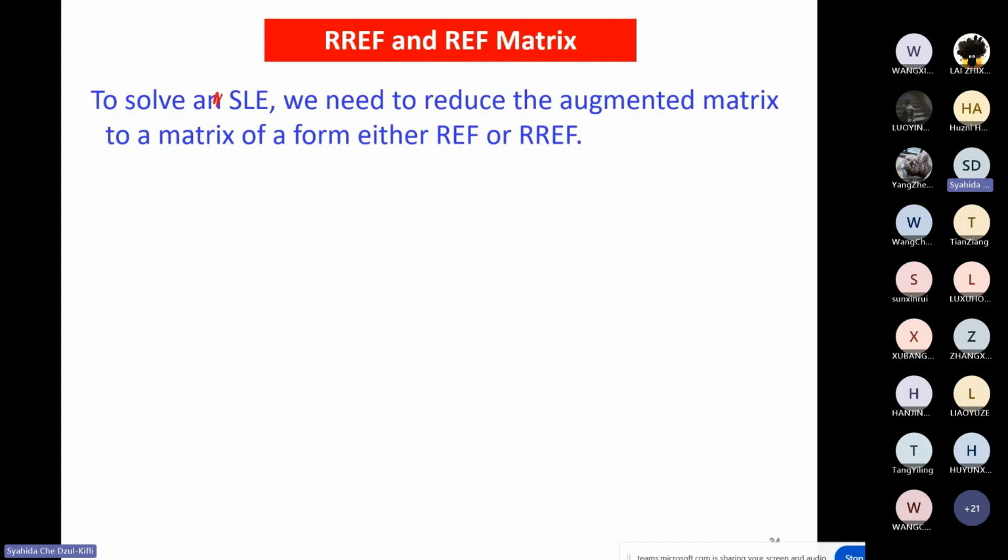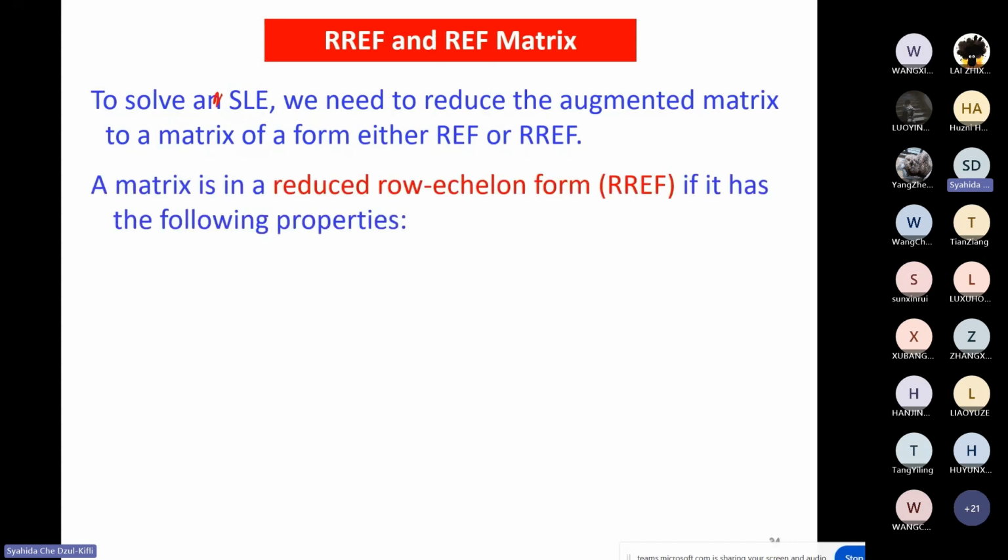You may choose, or it depends on the question. A matrix is in RREF if it has the following properties. So we have to check the following properties. If a matrix satisfies all of these properties, then the matrix is in RREF.